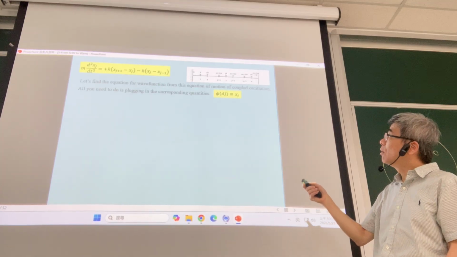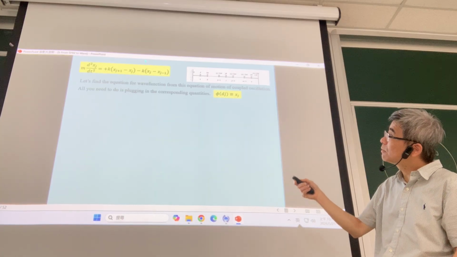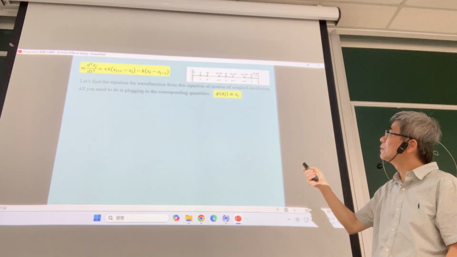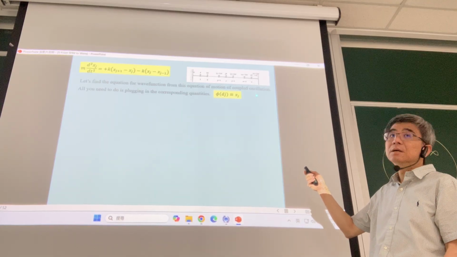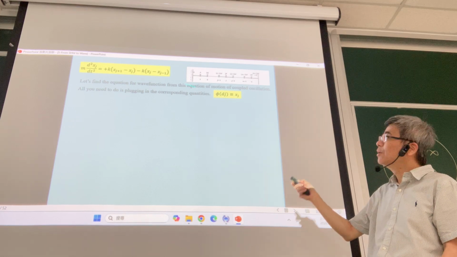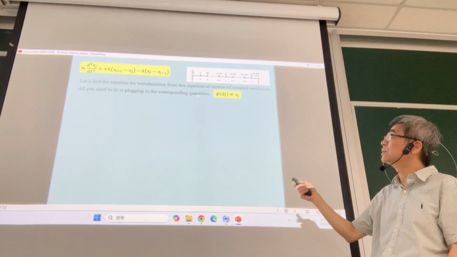So I'm going to find an equation for the wave function from this equation of motion of a coupled system. But this transformation is actually very, very simple. All we need to do is to plug in the corresponding quantities.